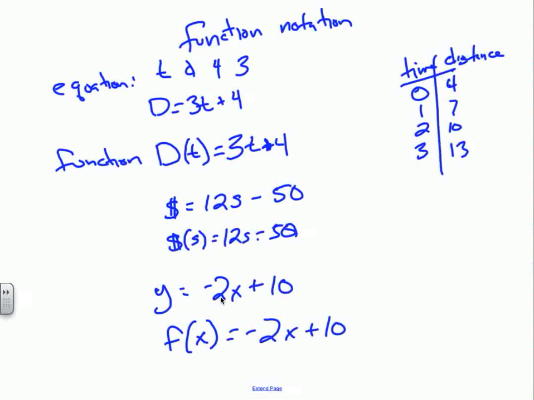So when you write it in general, and we haven't done a lot of general work yet, for now just know that if it's y equals something x plus something, then you're going to write it as f of x, a function of x. When you're using real variables, then you're going to use the actual variables in there. D of t, money of s, that kind of thing.